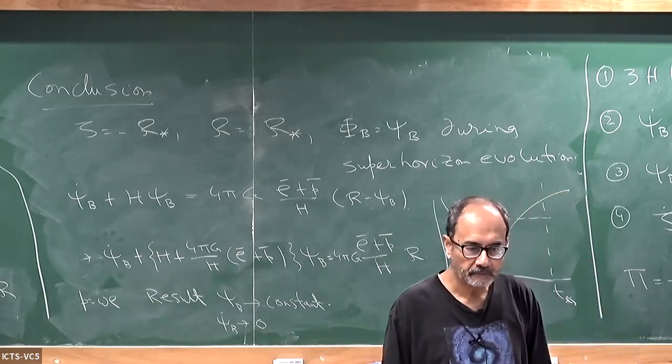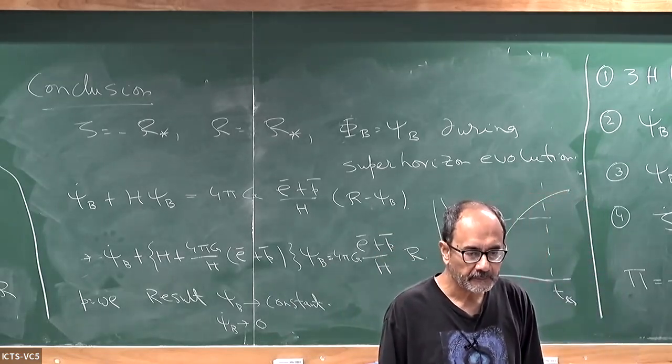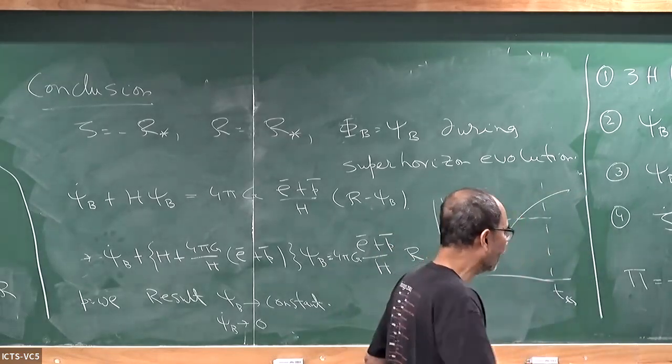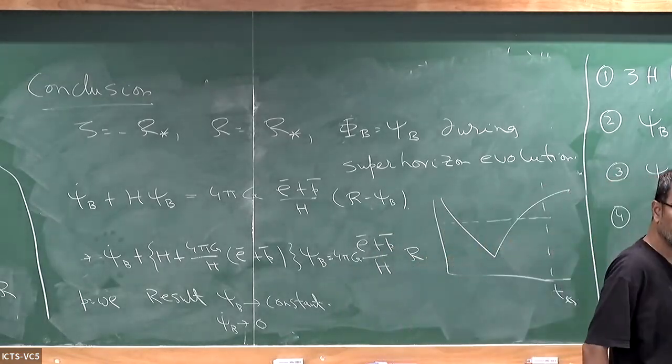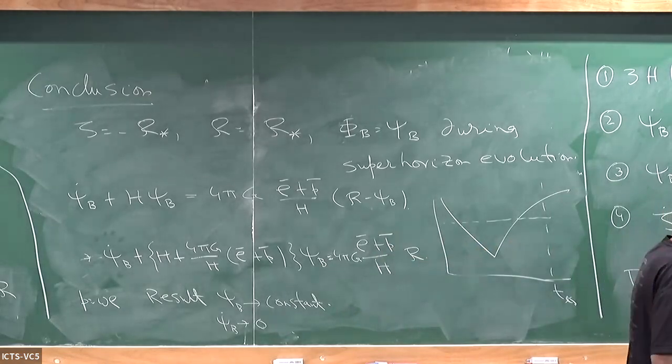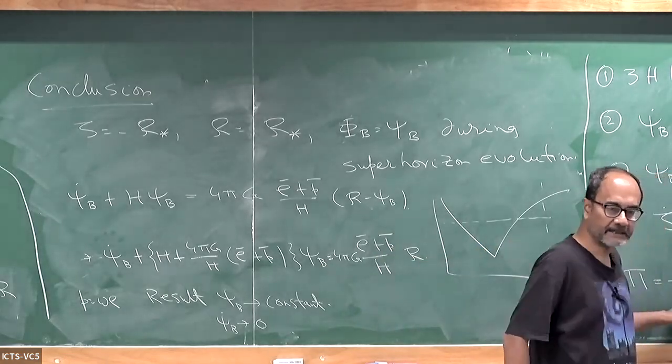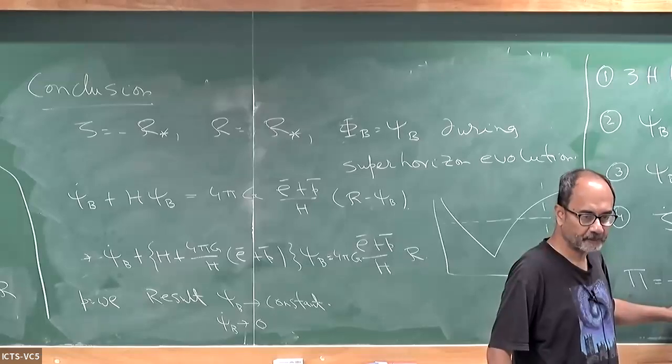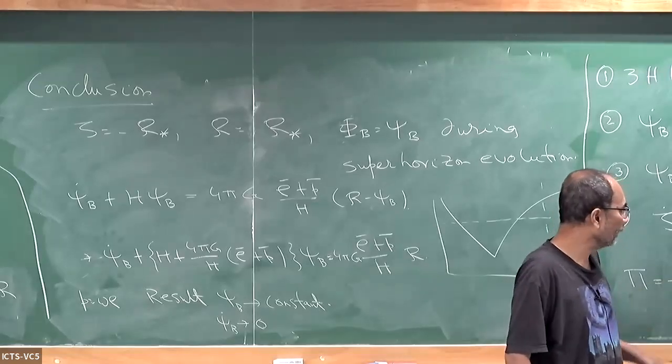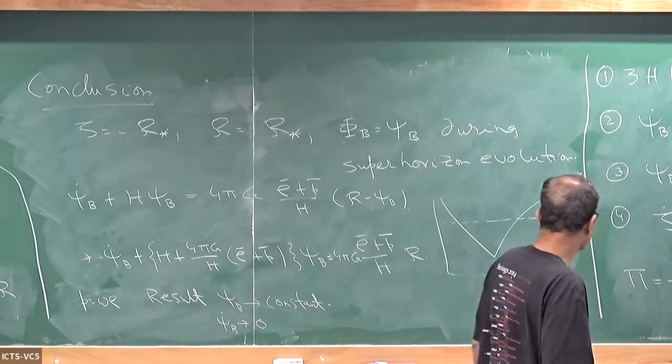You said that R will remain constant. R will remain constant because xi dot is 0, right? Psi dot is 0 because pi is 0, as we are taking K to be 0, right? So xi dot is 0, and we also saw that R is equal to minus xi.